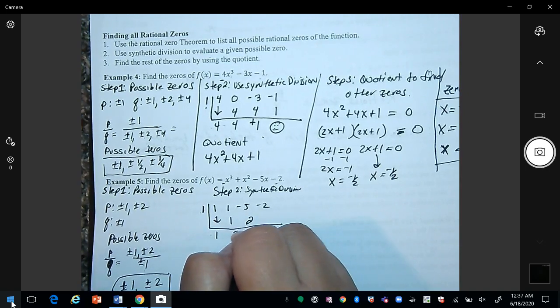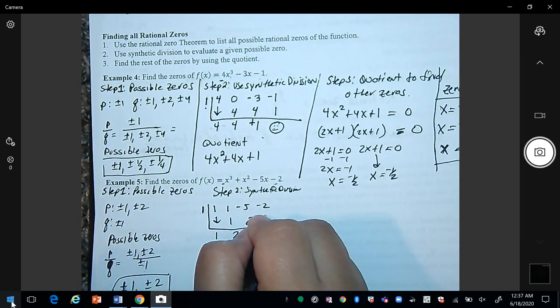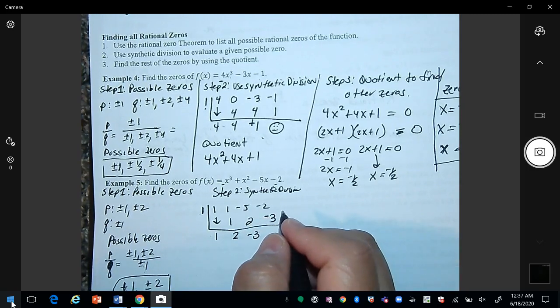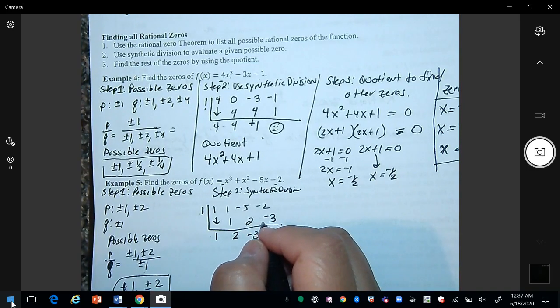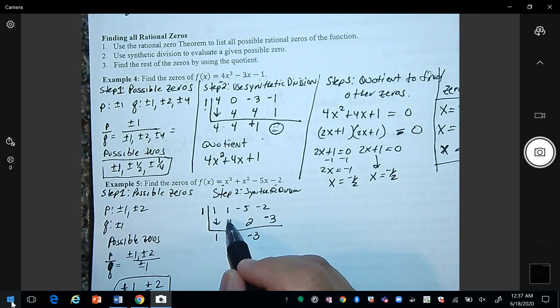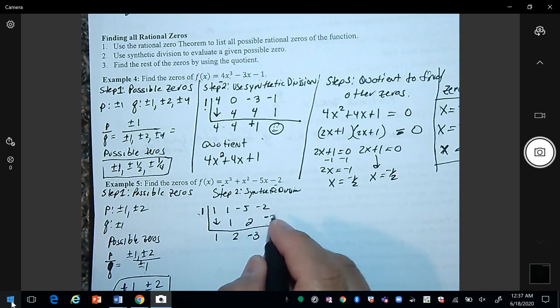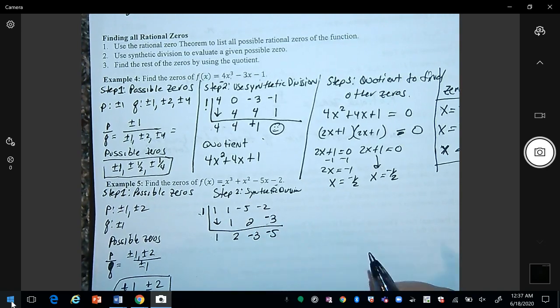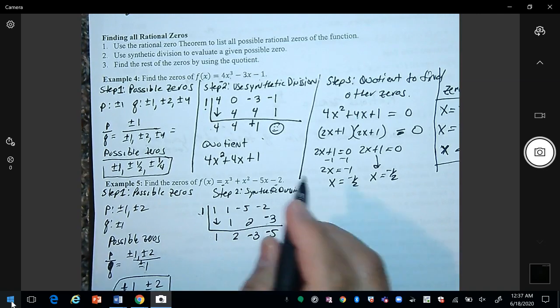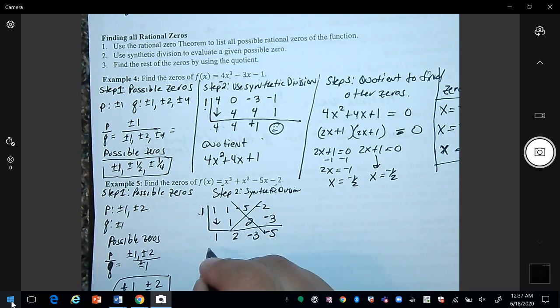Plus negative 5 is negative 3. Times 1 is negative 3. Negative 2 plus negative 3 is negative 5. So notice we didn't get a 0. That means that 1 is not a zero.